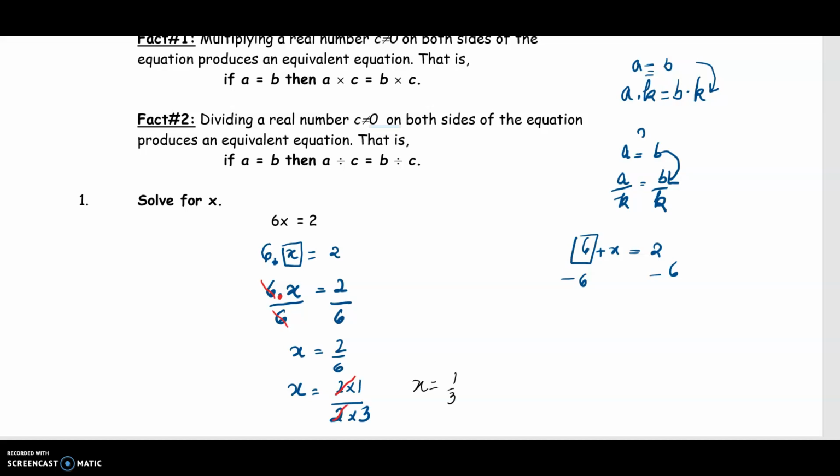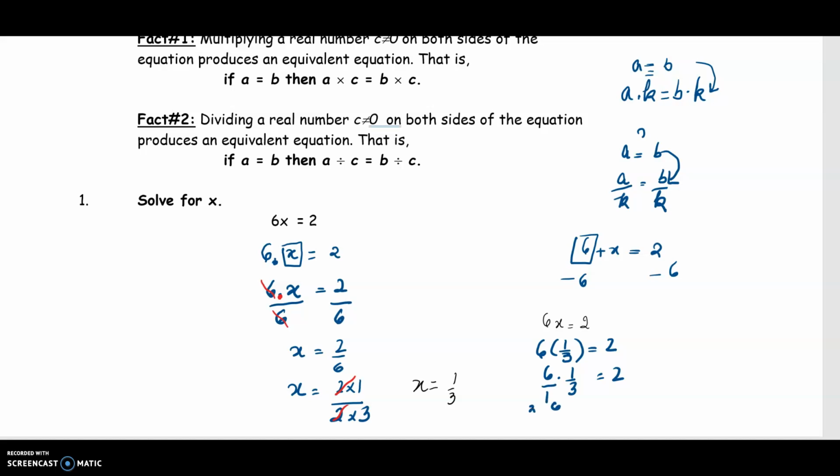I can check my answer by plugging it back in to the equation 6x equals 2. So I plug in x equals 1/3 into the equation. 6 times 1/3 equals 2. 6 times 1/3 is 6 over 1 times 1 over 3.